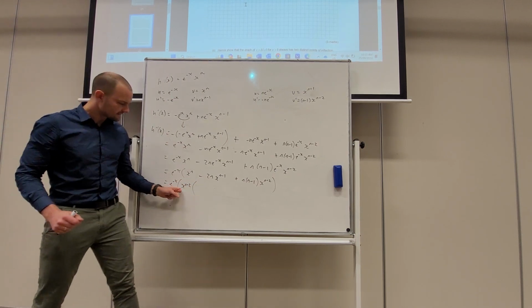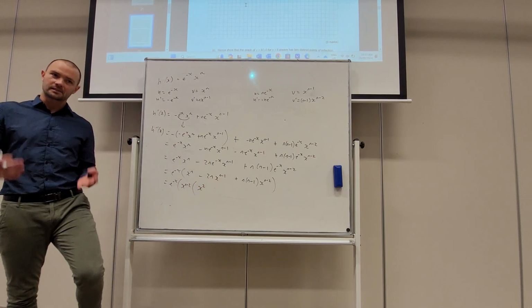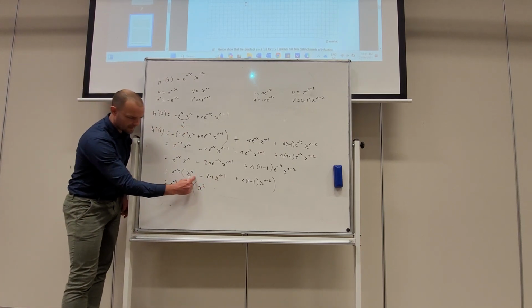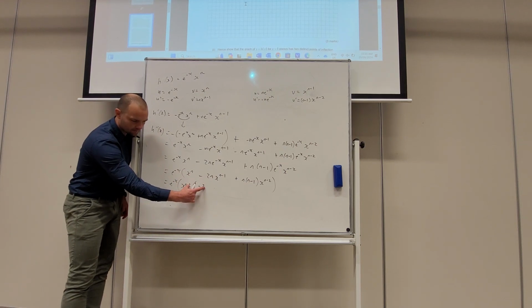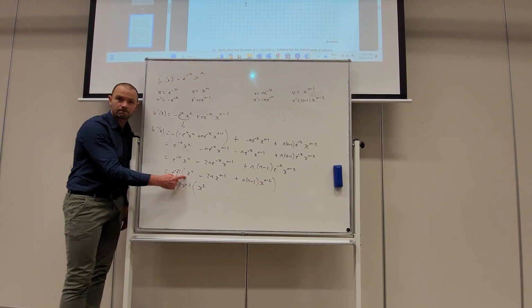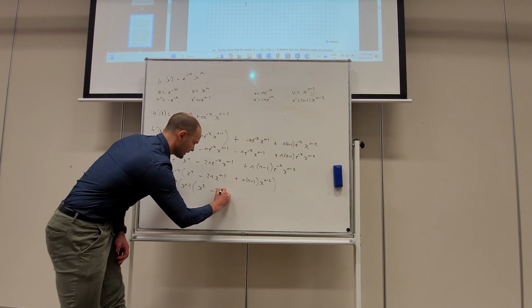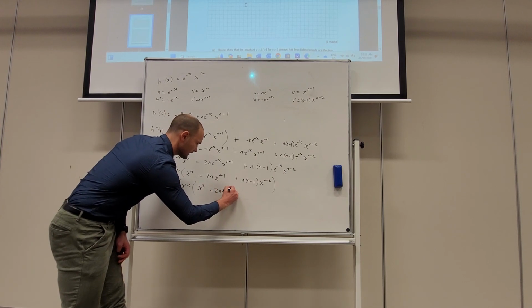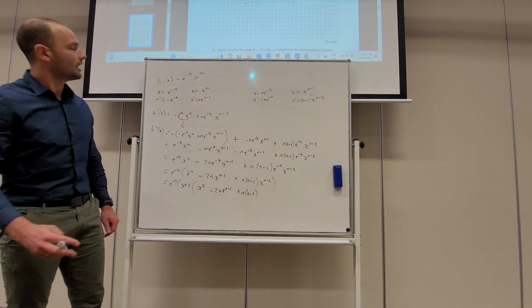If I have x to the n take 2 multiplied by x squared, if we expand this, we add the powers together. Now, n take 2 plus 2 simplifies to x to the n. Then we can just process across. The same applies: 2n to the x, n take 1, plus n take 1. And that's it.